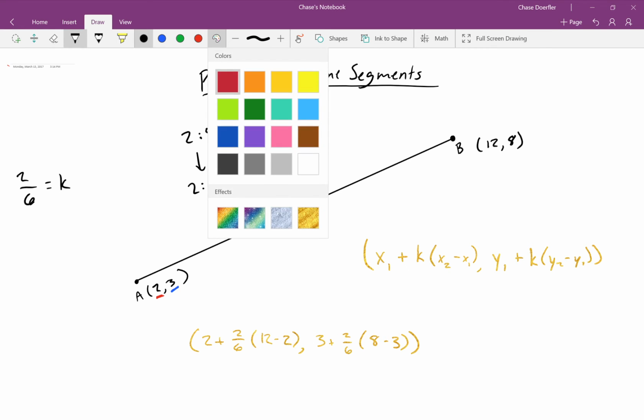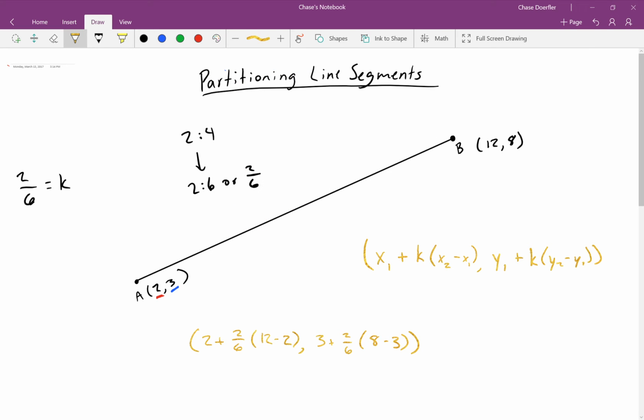And if I do this, I will get 2 plus 20 over 6, comma, 3 plus 10 over 6, and that would give me the point 5.3, comma, 4.67.